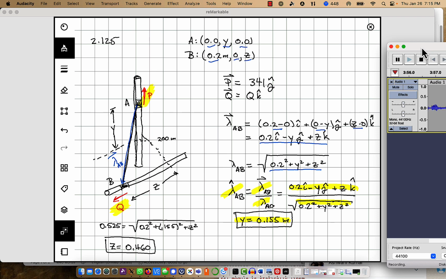So I can use the fact that the square root of the sum of the squares gives us the length of that wire, and I put in the y here, and we could solve for z, so z comes out to be that. So we now know the x, the y and the z that we need. Okay, so let's go to the next page.